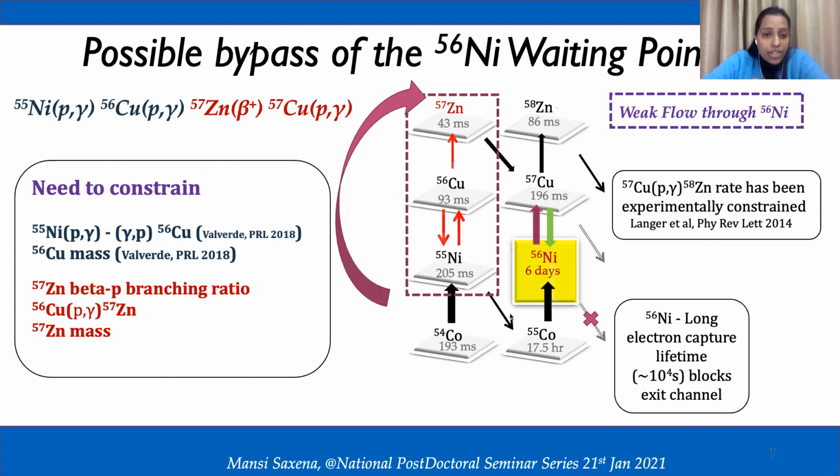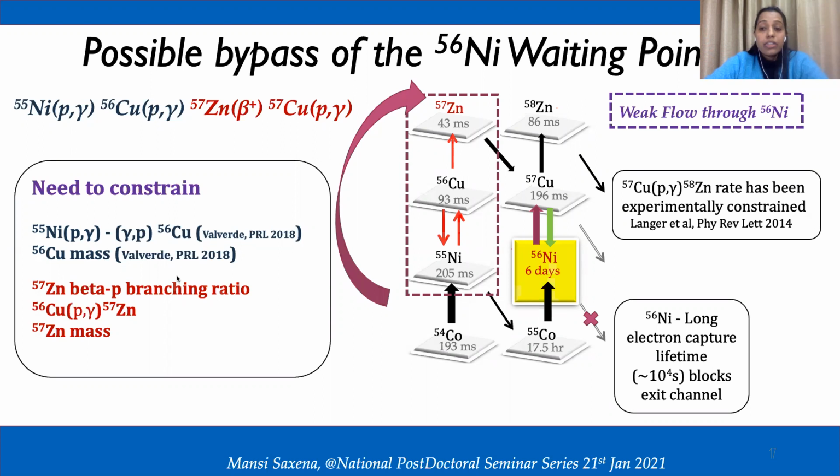The breakout reaction, that is 55Ni(p,gamma), determines the branching at 55Ni into this alternate bypass scenario. A recent precision mass measurement on 56Cu has constrained this 55Ni(p,gamma) reaction rate to within a factor of 2.